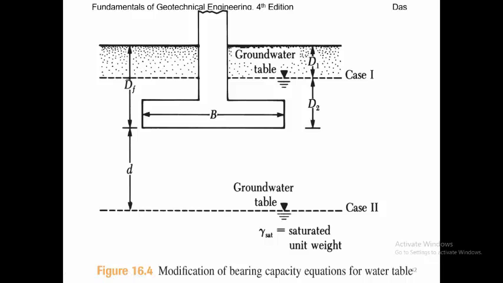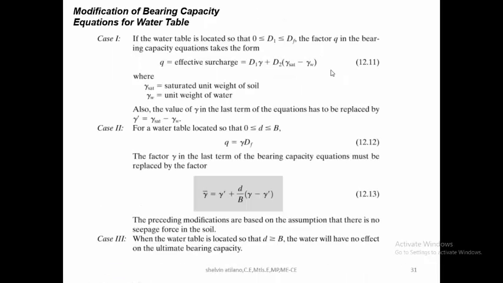Meaning if the groundwater table is found between the bottom of the footing and the ground surface, it is called case 1. And what will happen in case 1? Your effective surcharge Q will be D1 gamma plus D2 times gamma sat minus gamma water.